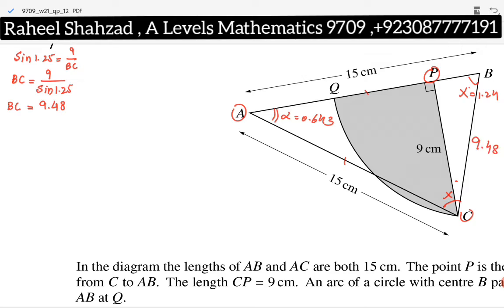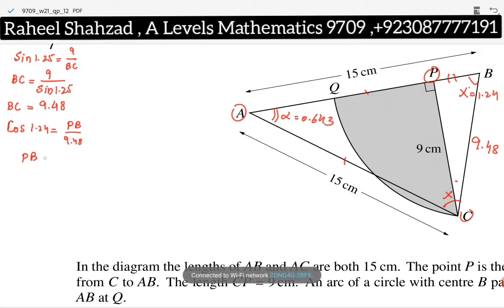Now we need to find this PB first. That will be found with the help of cos. So cos of 1.25 is equal to PB divided by 9.48.